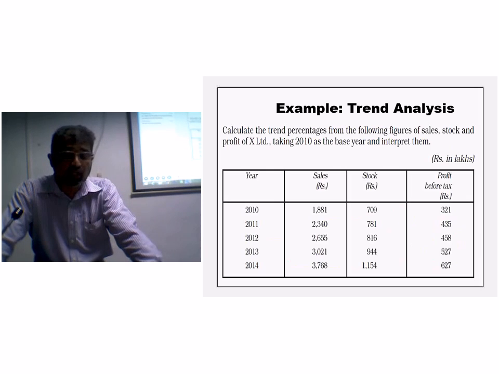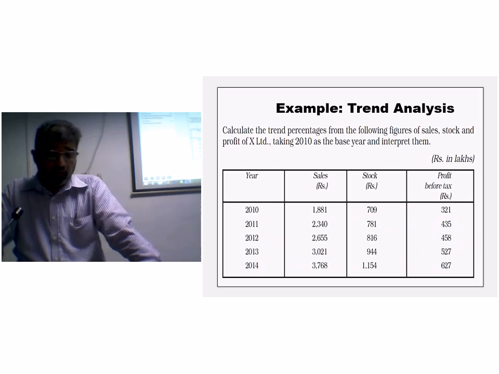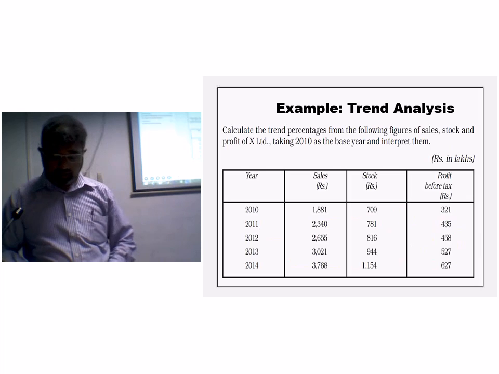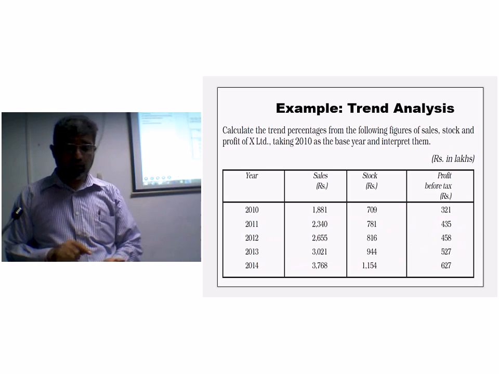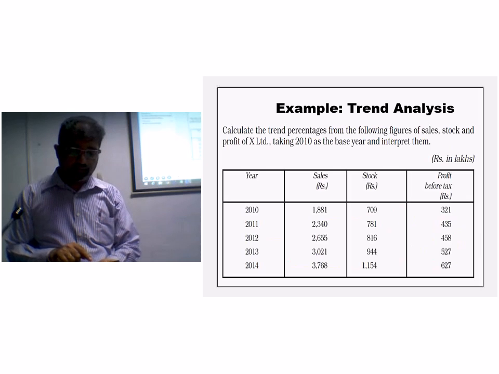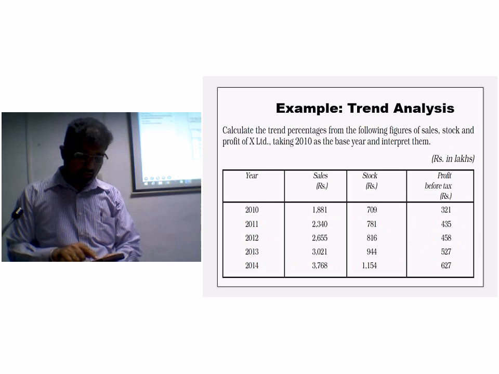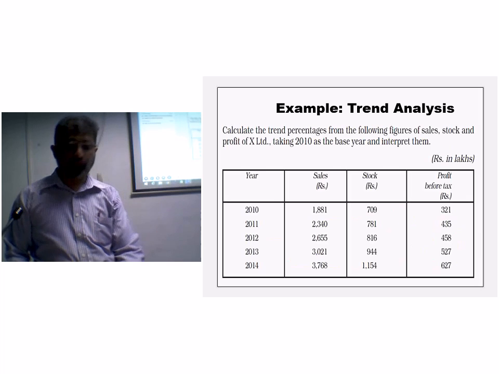Then the 1881 of sales you can take as 100. Then you can divide all the other figures by that, and multiply by 100. For example, for year 2011, you can use a calculator. 2340 divided by 1881, then multiply this by 100.